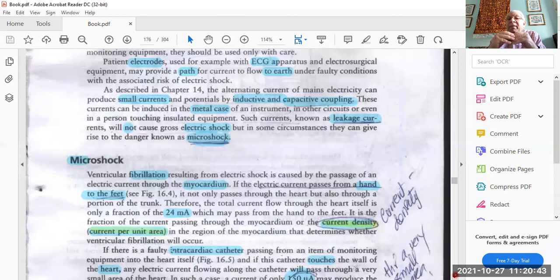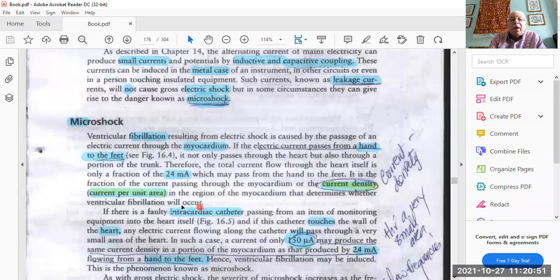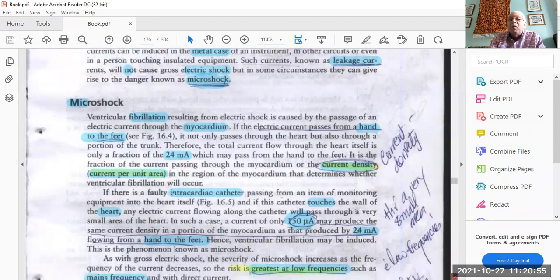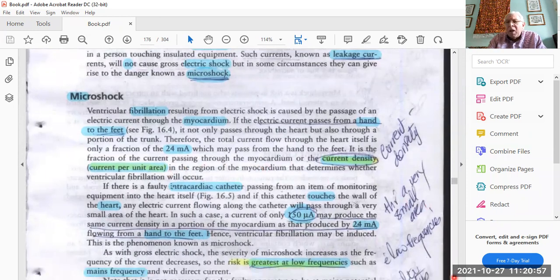This current is very minimal, but in some circumstances it can also induce ventricular fibrillation, in what we call microshock. Microshock is a minimal amount of electric current, around 150 microampere, not like the 24 milliampere that induces ventricular fibrillation from the hand to the feet.